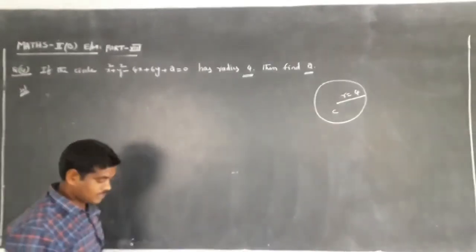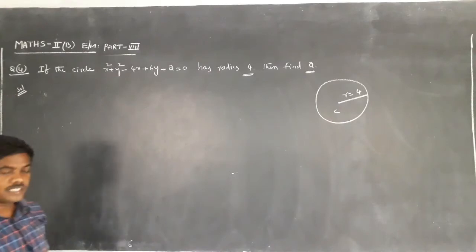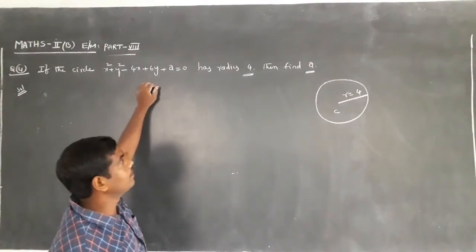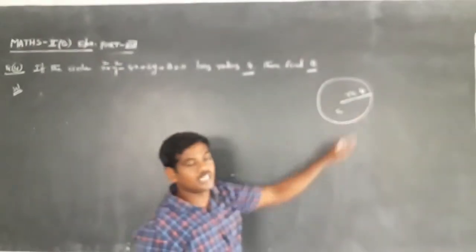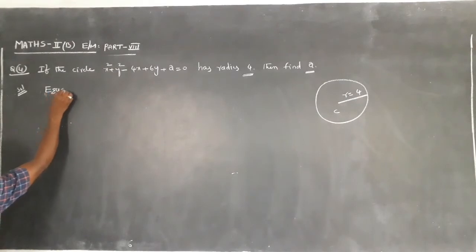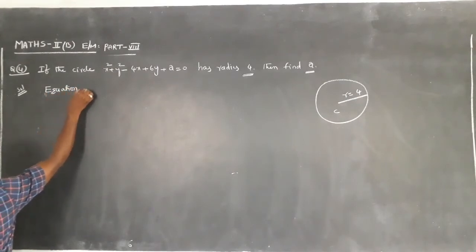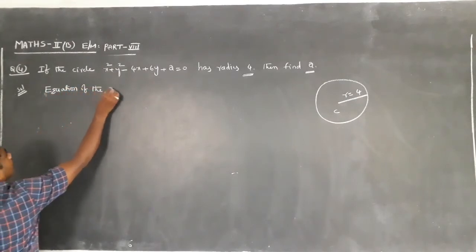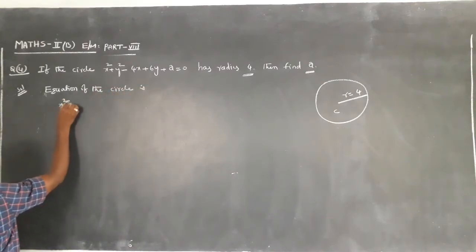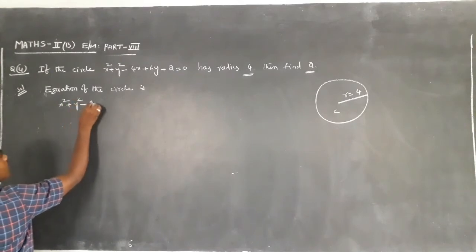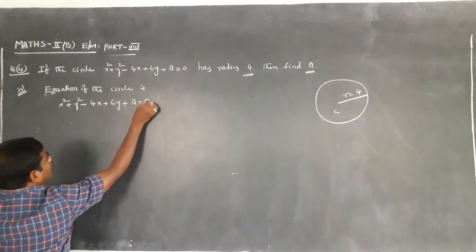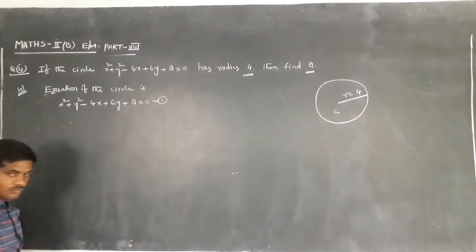First of all, we find the radius of the given circle and equate the radius. The given equation of the circle is x square plus y square minus 4x plus 6y plus a is equal to 0.